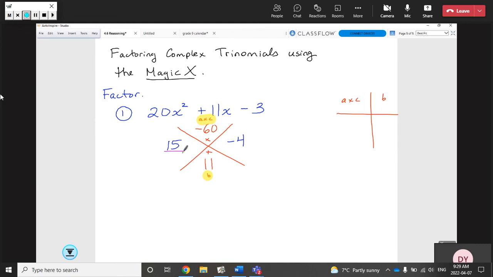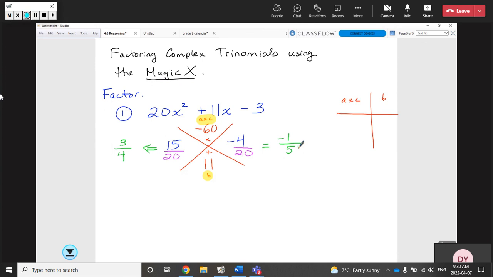We divide this by 20, divide this by 20. Now, let's reduce the fractions. What is 15 over 20 reduced to? I think it's 3 over 4. Is that right? And then this one over here reduces to negative 1 over 5. Probably wondering, why are we getting into fractions?